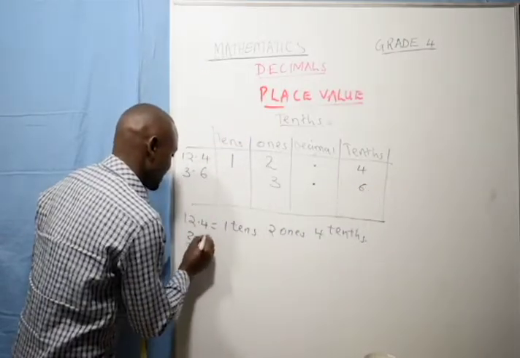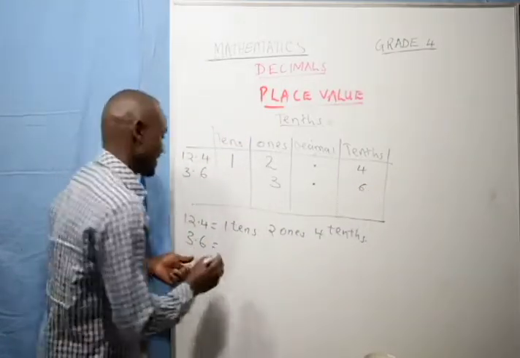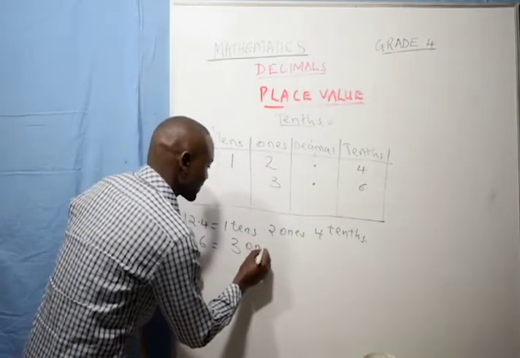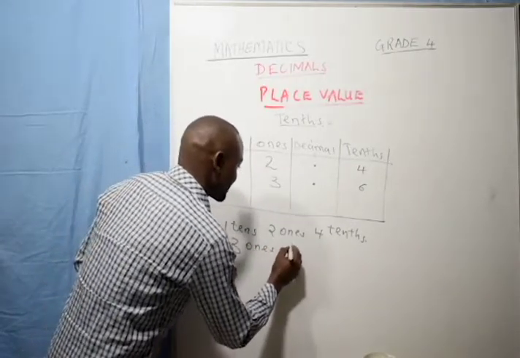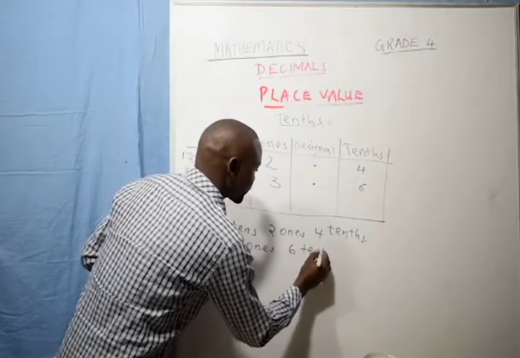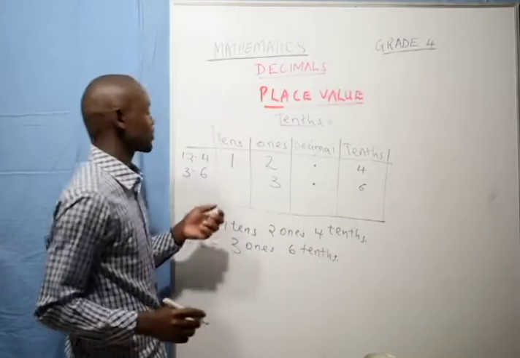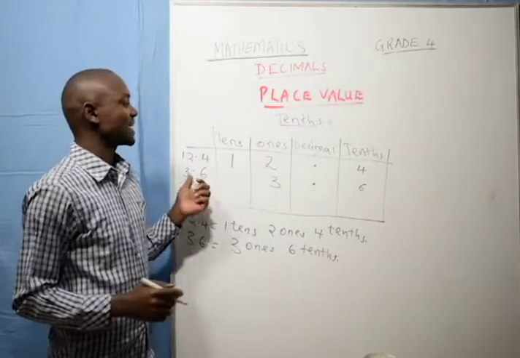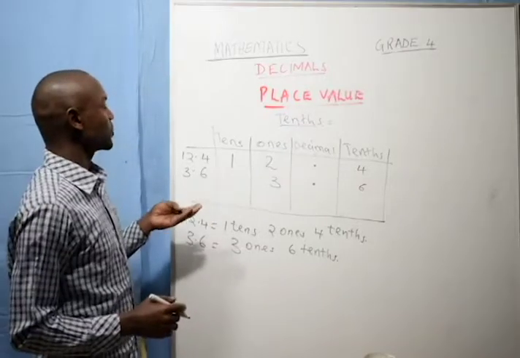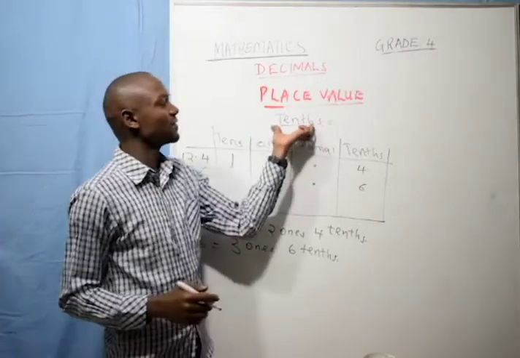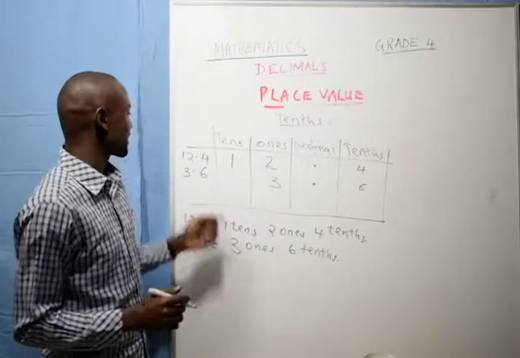So 3.6 will be represented as 3 ones and 6 tens, because it has only 2 digits. What we are trying to say is that tens place value is the first digit after the decimal point.